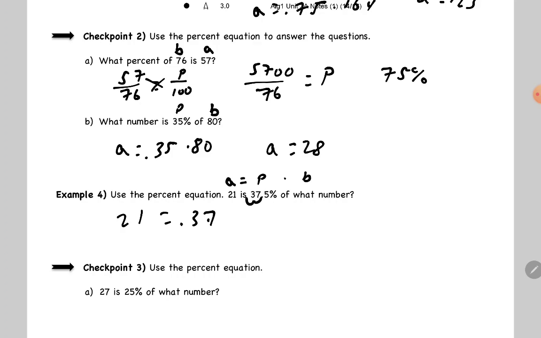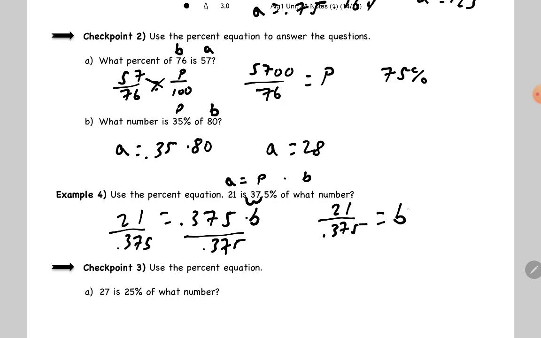So 0.375 times B. So I'm going to take 21 and divide it by 0.375. And get B equals 108.